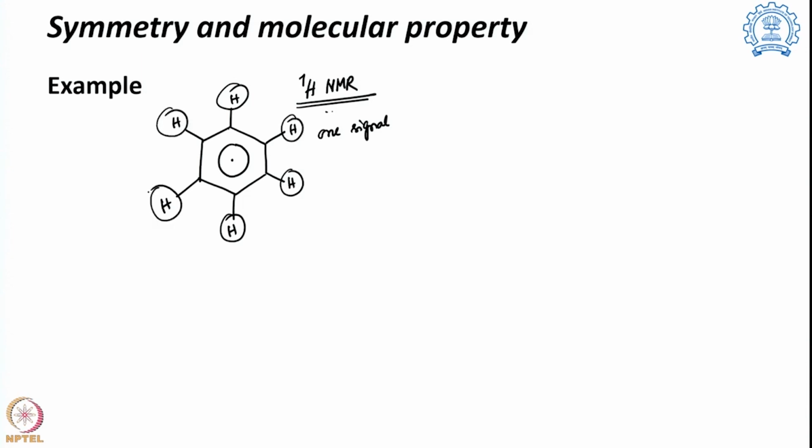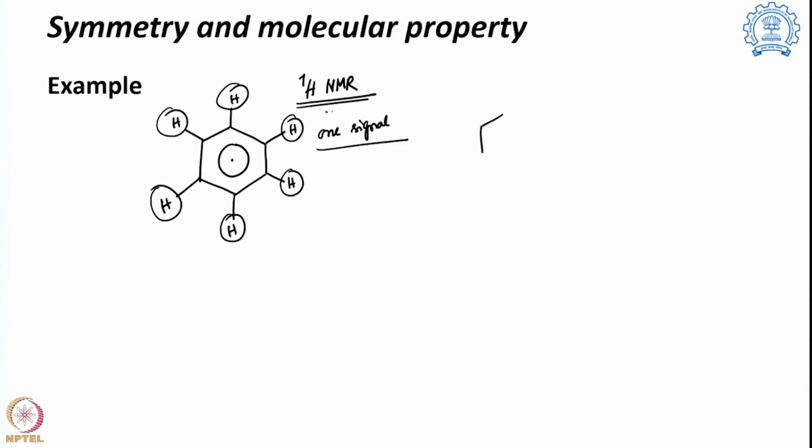So, although the hydrogens are different, they are not going to show their difference in environment when doing proton NMR spectroscopy. They are going to be very much symmetric, and that is why we are going to get only one signal, because the structure defines its symmetry.